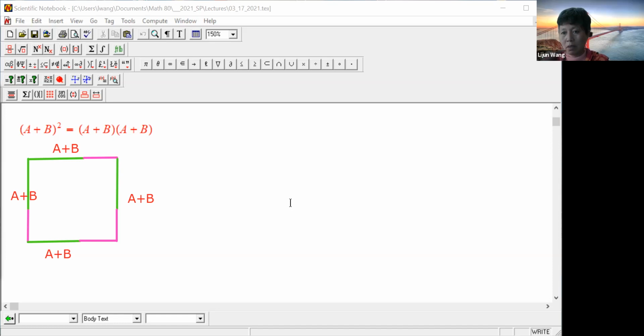Okay. So, nobody's colorblind, right? Can you recognize there's a green, there's a purple? Green, purple. So now, A squared plus B squared. So (A plus B) squared is this much. Okay, is this much.